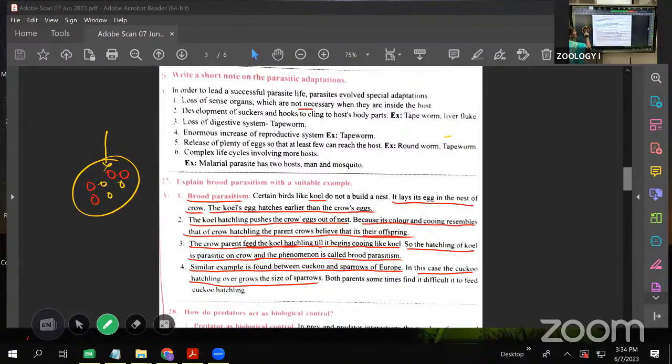The hatchlings destroy the crow eggs, and the crow parents believe that these offspring are theirs. That's why the crows feed them, and that's why these are actually the parasites. That's why brood parasitism means for the brooding purpose they are using the parasite. That's what we call brood parasitism.